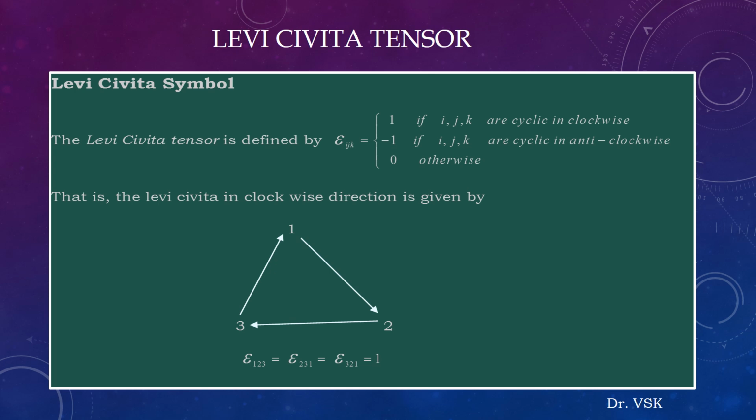Hence, epsilon suffix 312 equals 1. Hence, epsilon suffix 123, epsilon suffix 231, epsilon suffix 312 are equal to 1.